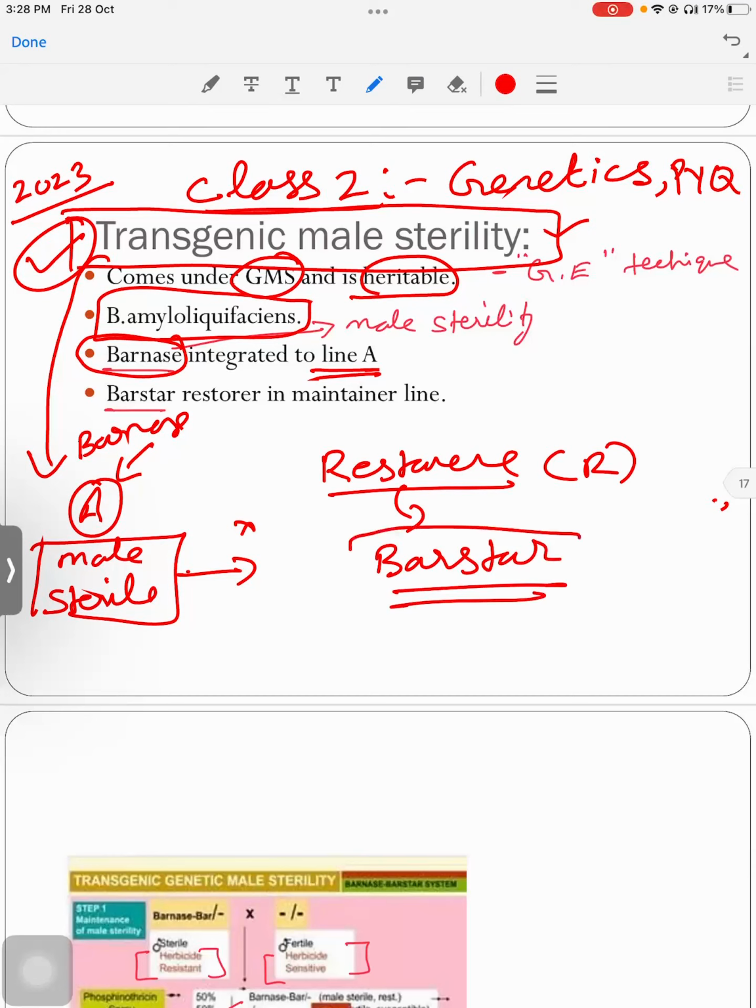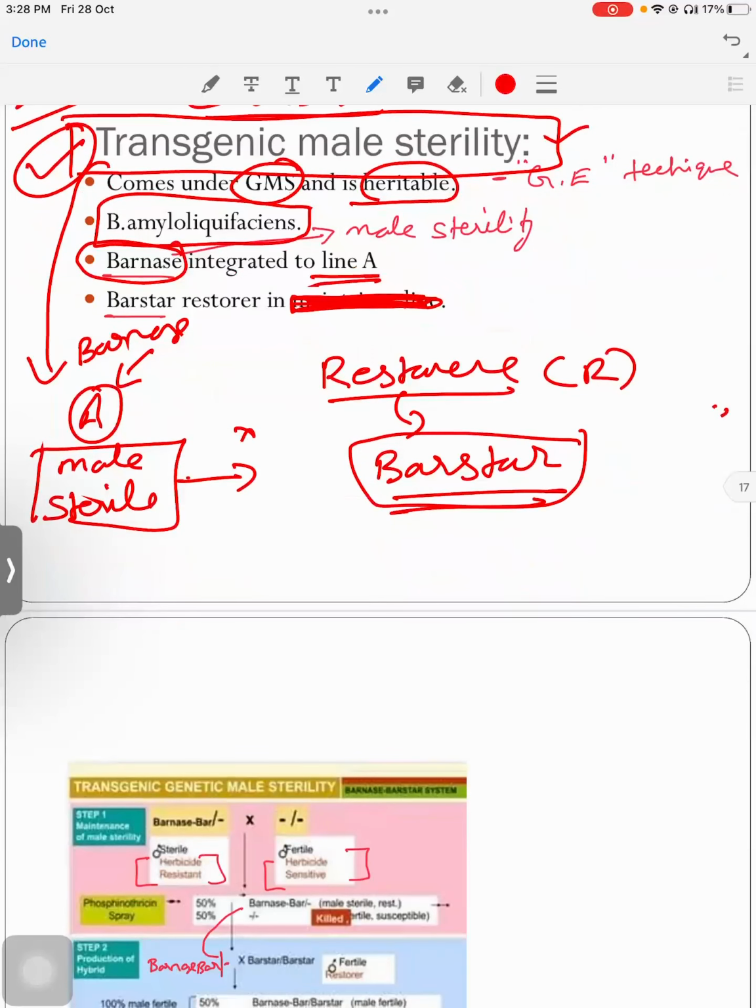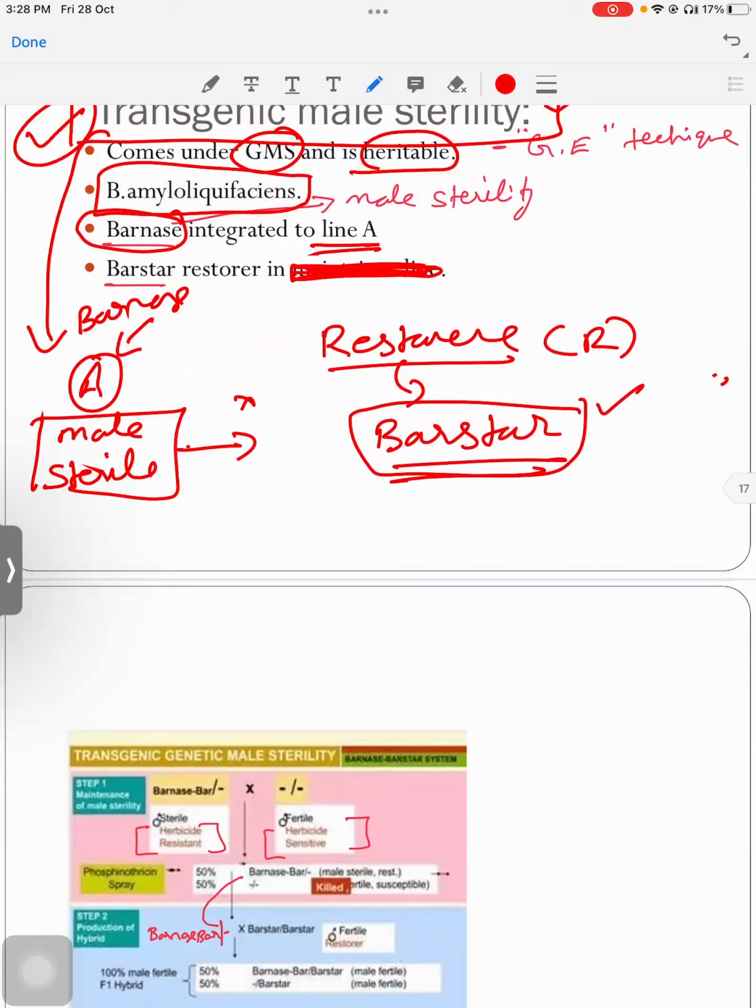So what happens in this barstar? Maybe it is better to define it this way. In case of the restorer, we have introduced the barstar gene, to counter the Barnase gene in the male sterile system. This is the basic idea.